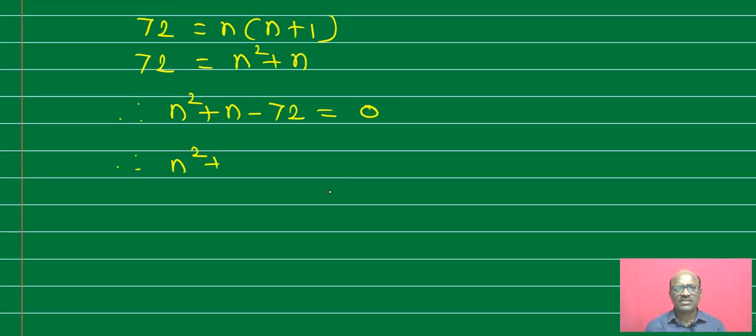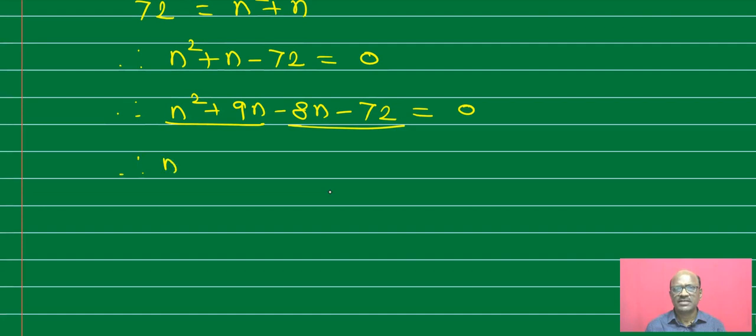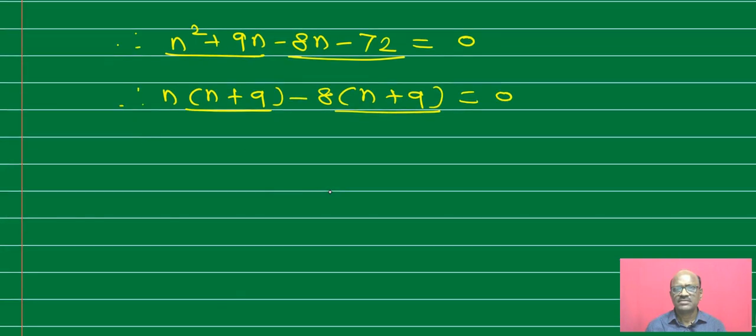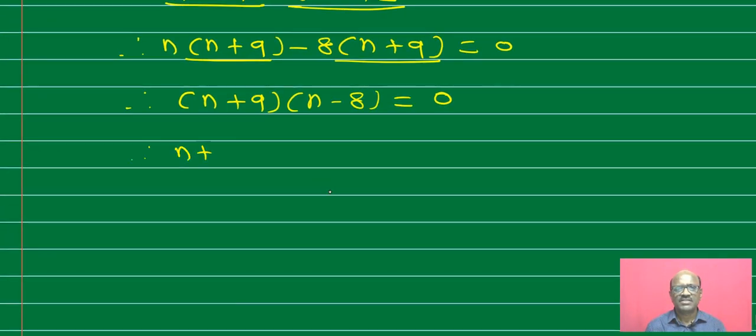Simple quadratic equation. 72 multiplication: minus 72 multiplication, otherwise n square plus 9n minus 8n minus 72. Take n as common, then in bracket you will get n plus 9 minus 8, bracket n plus 9. Therefore n plus 9 in first bracket and n minus 8 in second bracket. n plus 9 equals 0 or n minus 8 equals 0.